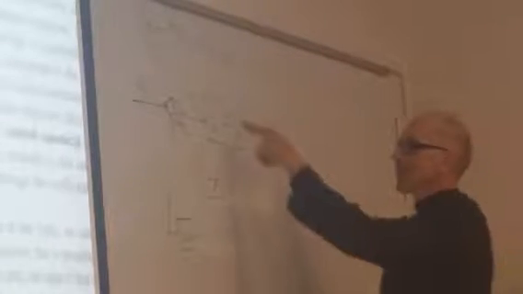Okay, and now what's x2 dot? All right, so that's the second one. And then we get y equals x1 plus 2 times x2. Where does that come from?